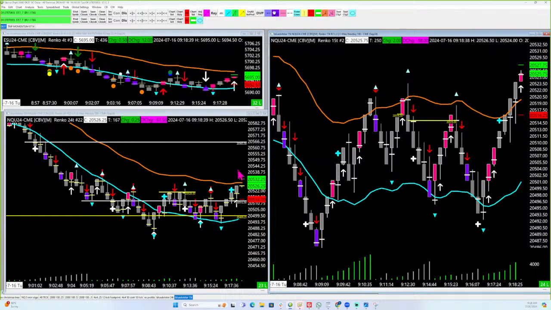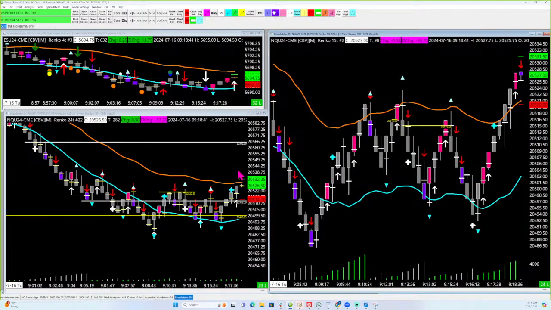Scale the quarter size, 25, and let it rip. That's 20 points, guys. Sean, making sense? And the apex trap on top of that on the 15.